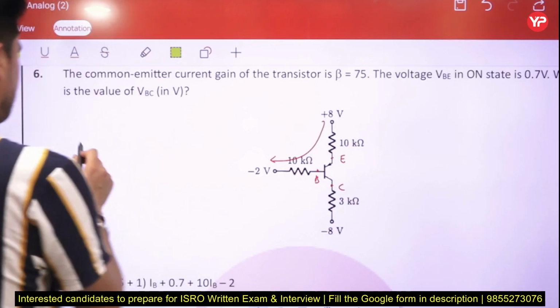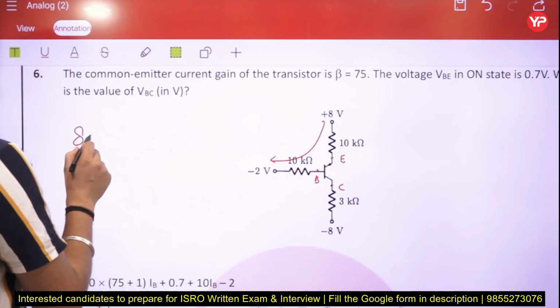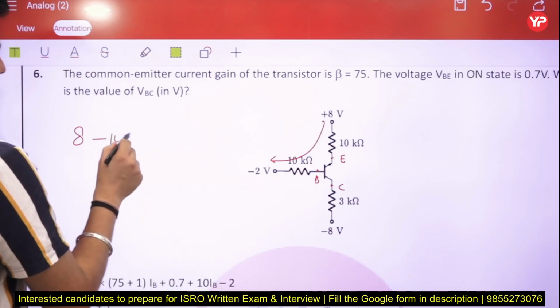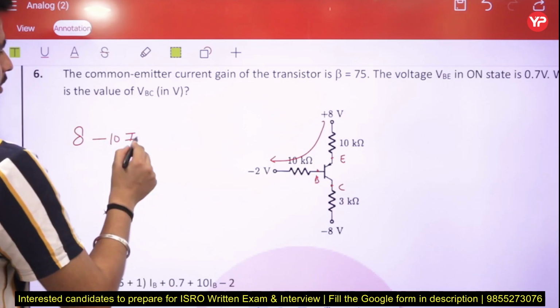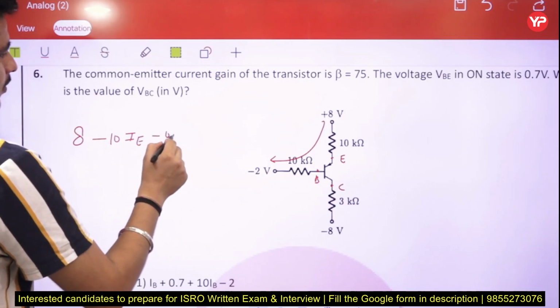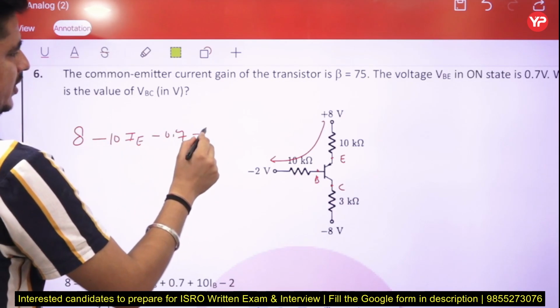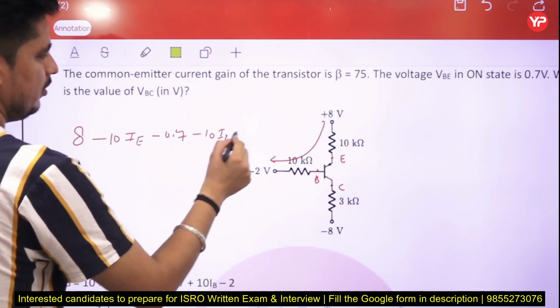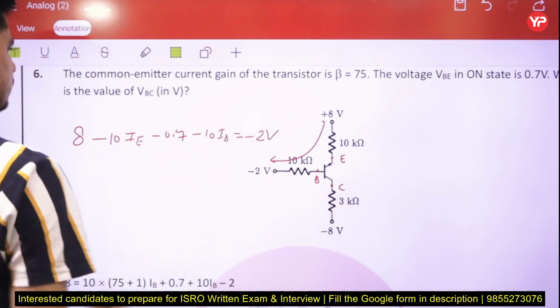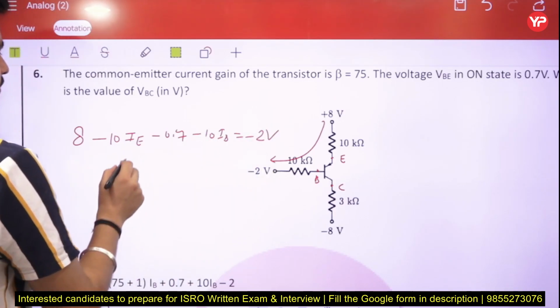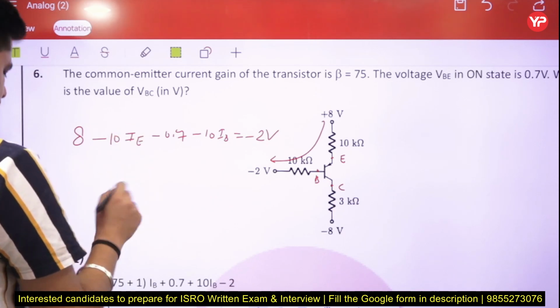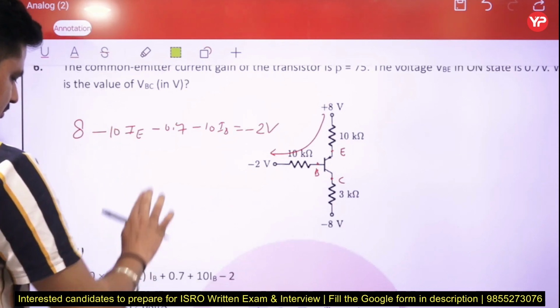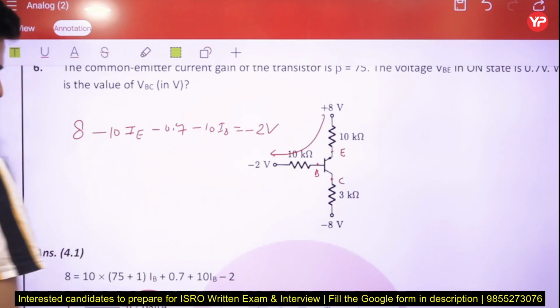That will be 8 minus 10 times IE minus 0.7 minus 10 times IB equals minus 2 volt. And when you solve, the IE value is (beta plus 1) times IB. Solving for IB, you get IB as 12.08 microampere.